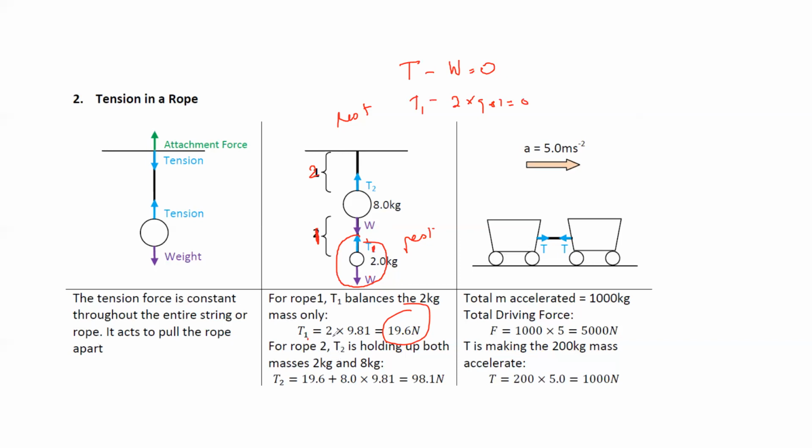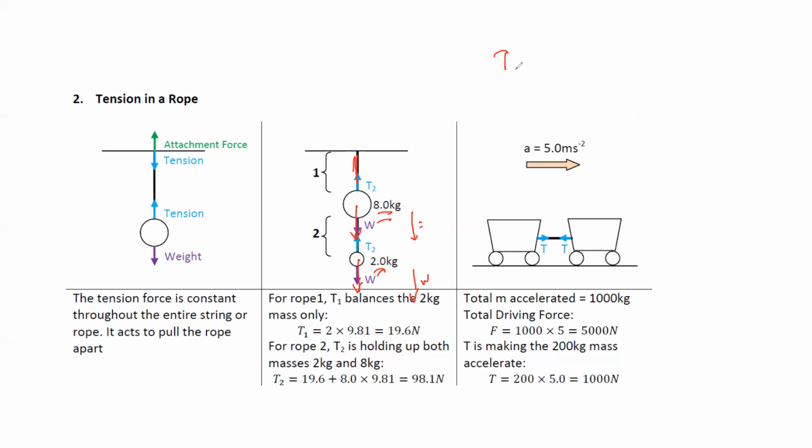But what about the second rope, T2? T2 is holding both of the masses, because there is a weight of the 8 kilogram object and there is a weight of the 2 kilogram object. So both of their weights are acting downward and T2 is balancing that.